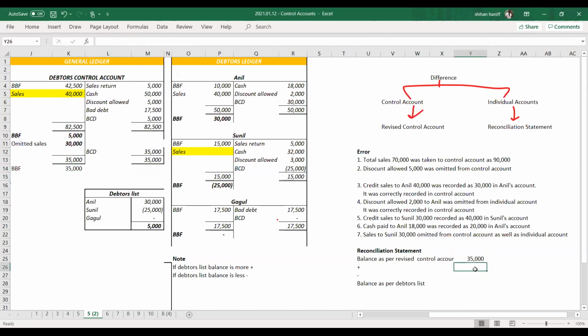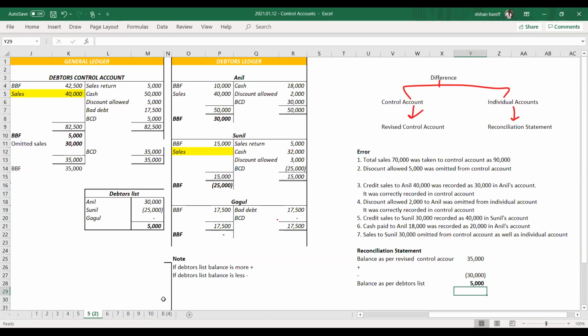Then what do you do? Because omitted from the individual account means it's minus 30,000. Balance as per debtors list is 5,000. If there is an error in the control account, you have to correct it. But for the individual account, it's taken to the reconciliation statement as plus or minus. Is it clear?